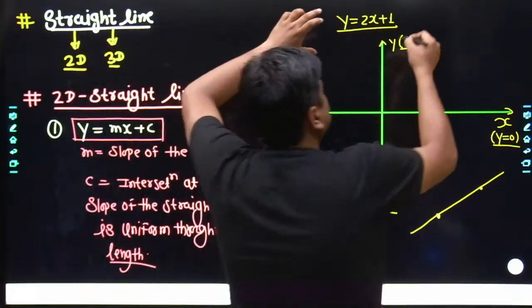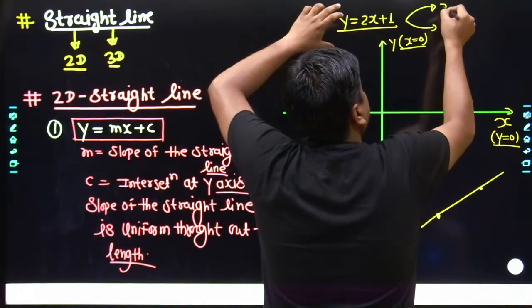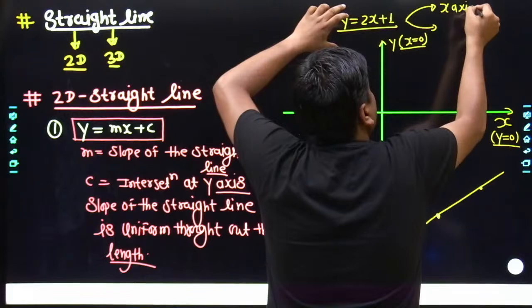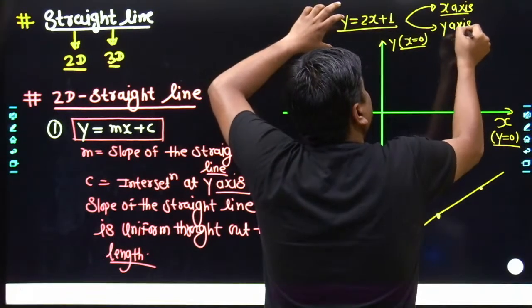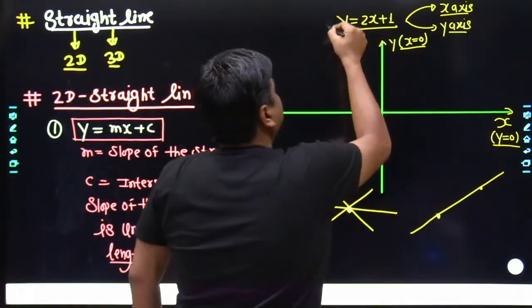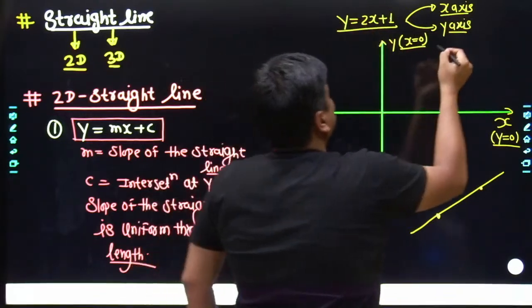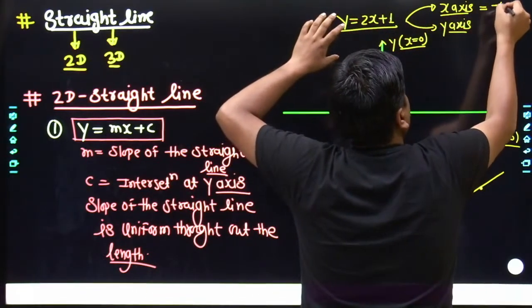I just wanted to know where it is crossing the x-axis, and similarly where it is crossing the y-axis. What does it mean by the x-axis? X-axis means y is equal to 0, and once I keep y equal to 0, the value of x is found by taking 1 to the left hand side, making it minus 1 by 2.